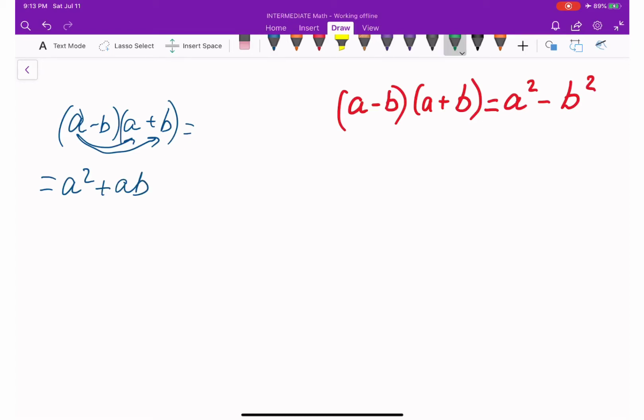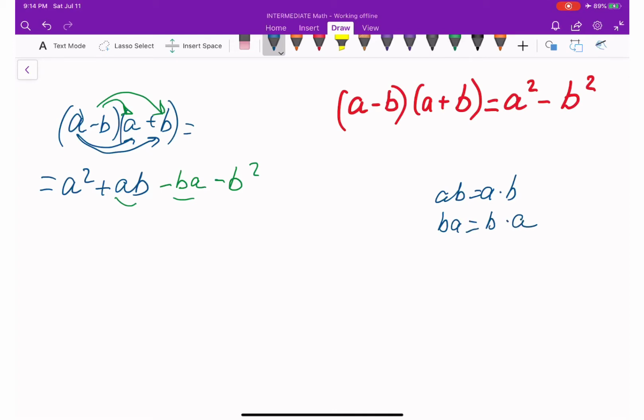Next, negative B times A, it's going to be negative BA. And negative B times B, it's going to be negative B squared. So AB and BA, it's the same thing. Why? Because what does AB mean? AB is the same thing as A times B. Now BA is the same thing as B times A.